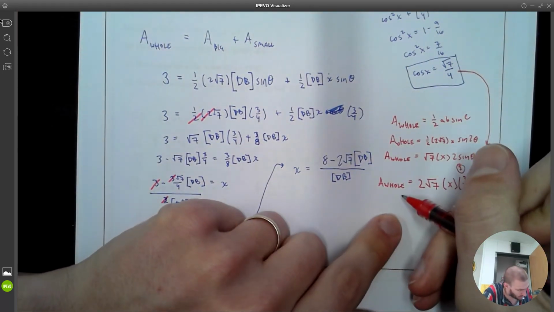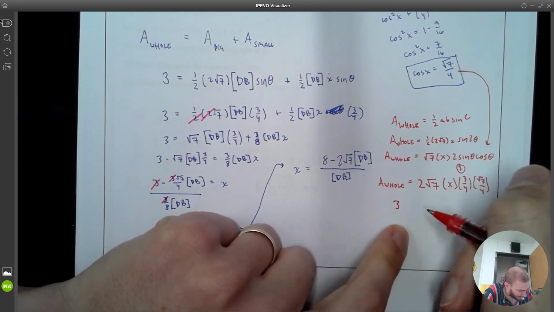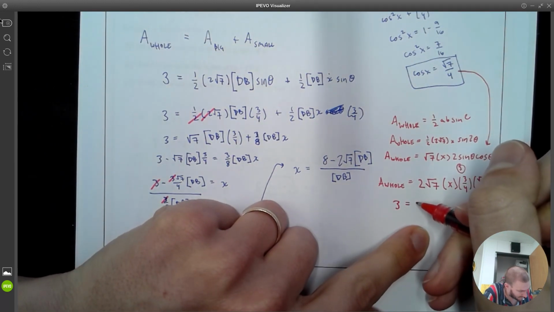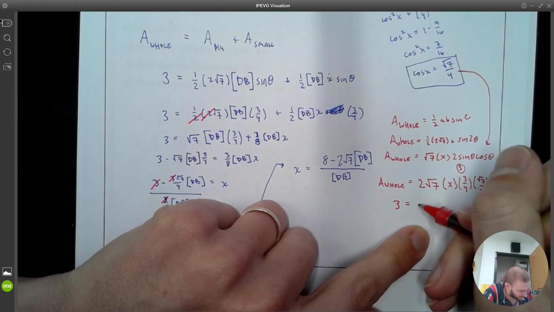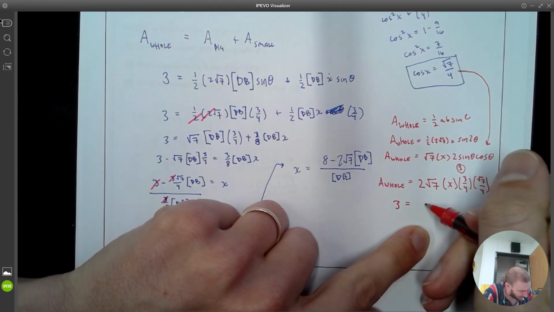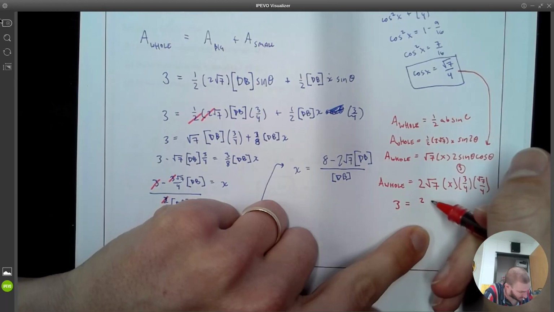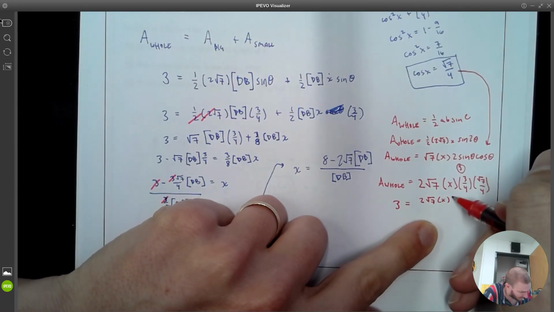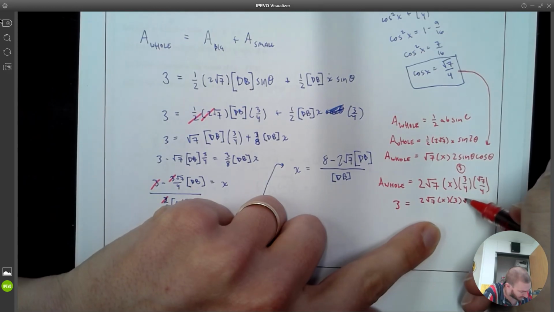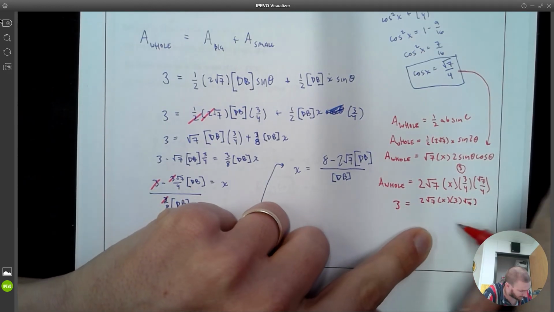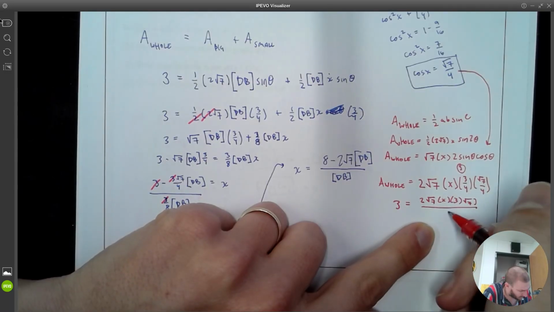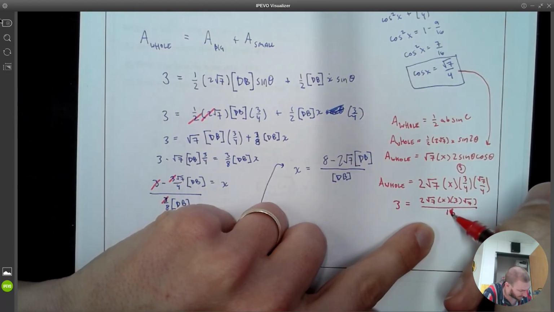The area of the whole triangle is 3. Let's figure this stuff out now. On the top, a 2 square root 7 times x times 3 times square root 7. And on the bottom, 4, 4, 16.